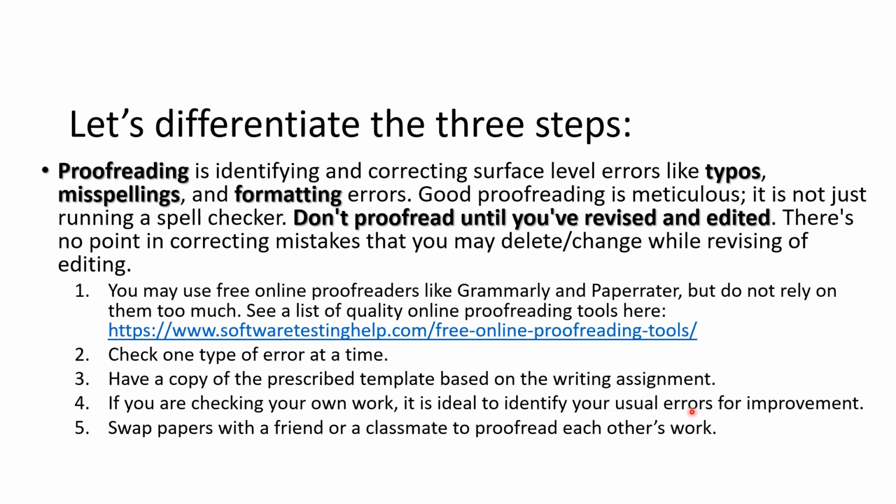Okay, and when you spot them, of course, they will serve as a reminder of things that you still need to improve. Lastly, this one is very vital too. Okay, swap papers with a friend or a classmate to proofread each other's work. Okay, so now you know the differences among these 3 steps: editing, revising, and proofreading.